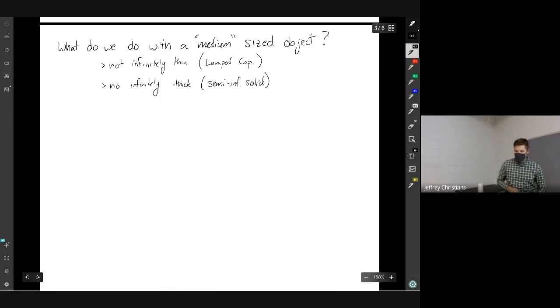Then what do we do with it? These two, the lumped capacitance model and the semi-infinite solid, are in some ways the most straightforward.